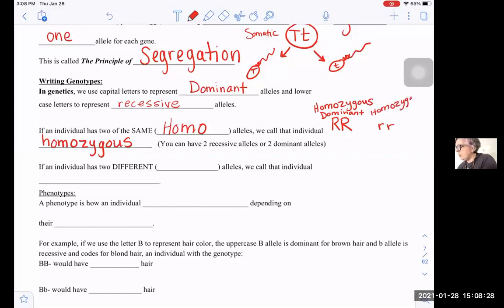You can't just say homozygous. You have to say recessive or dominant after the word homozygous. Otherwise the person's going to go, well, which homozygous is it? Because it can be either homozygous dominant or homozygous recessive.